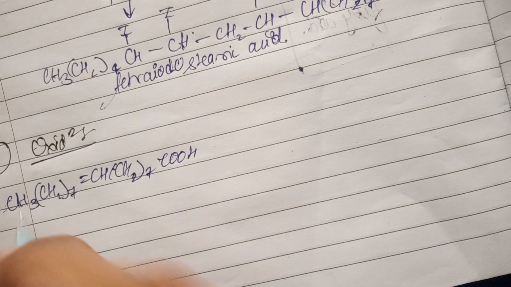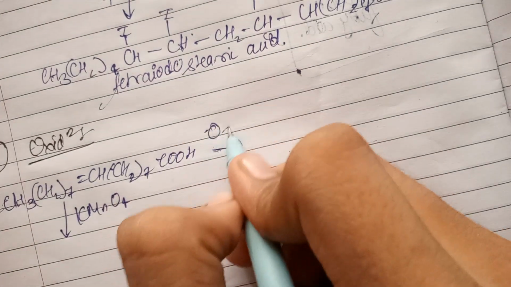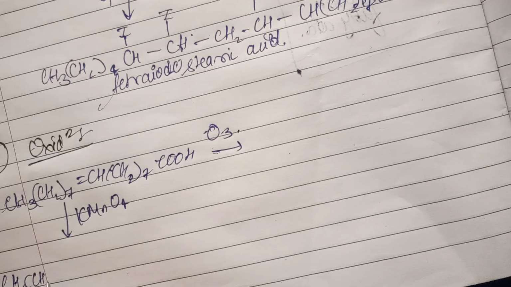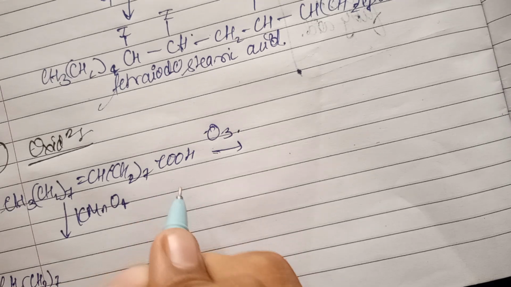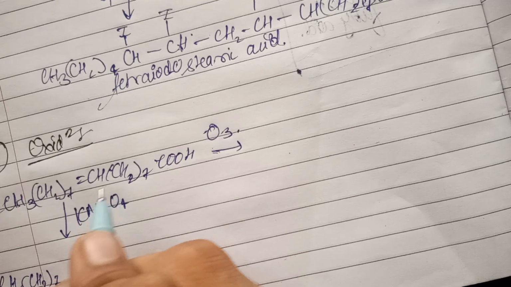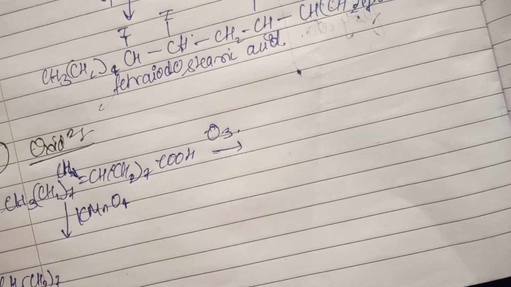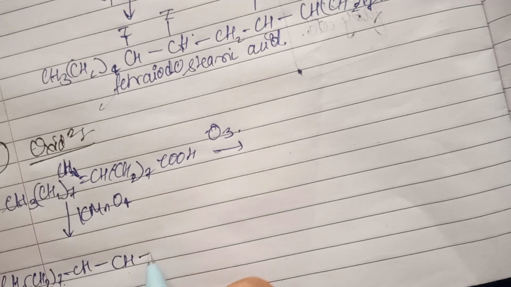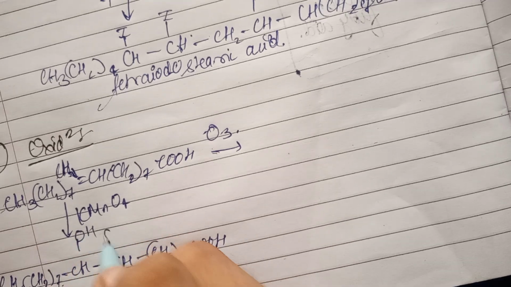On oxidation with KMnO4, or on reaction with ozone, we get a hydroxy group attached at the double bond carbons: CH3 (CH2)7 CH(OH) and CH(OH) (CH2)7 COOH. So here we can see the hydroxyl groups attached.